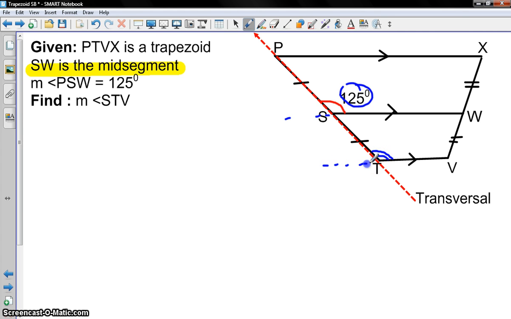and looking at my red transversal, I can say that angle PSW and angle STV are going to be congruent. And the reason for that is they are corresponding angles. So let's type that up.